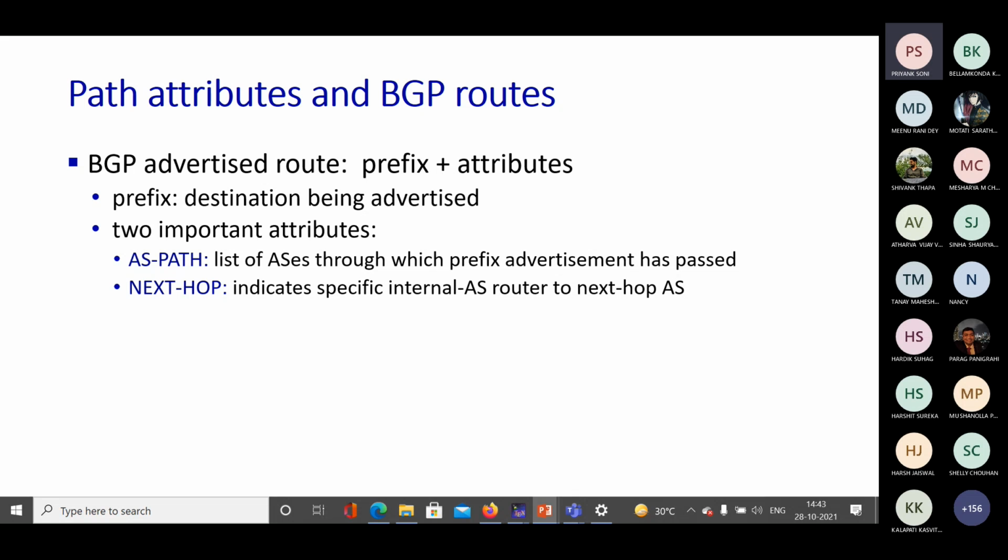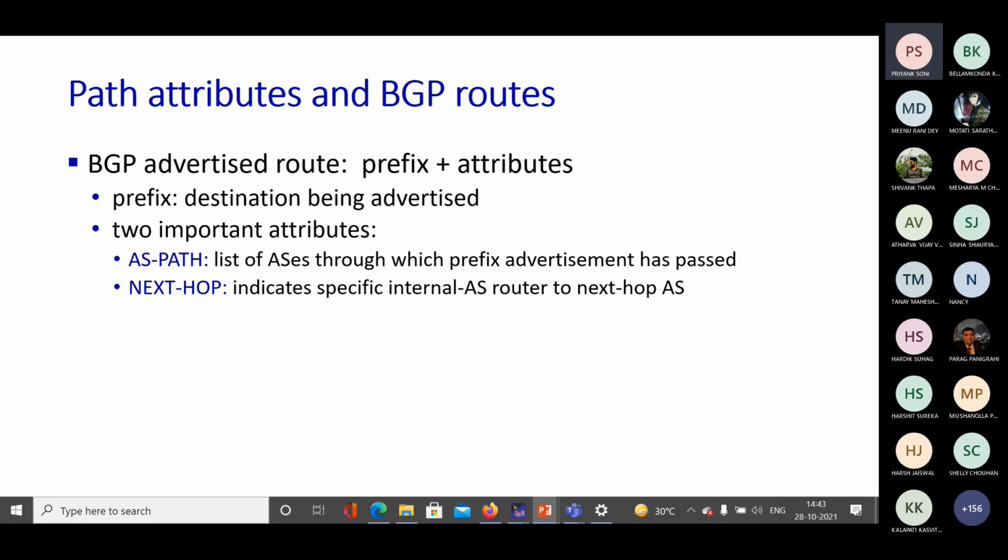First is the AS path, that is the list of ASs through which the prefix advertisement has already passed, and second is the next hop information, which indicates the specific internal AS router to the next hop AS.